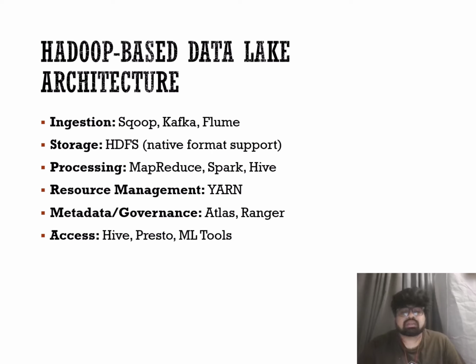Apache Atlas manages data and metadata, while Apache Ranger enforces the access control. Number 6. Access layer. Tools like Hive, Presto, and Spark MLlib are used by data analysts, data scientists, and business users.